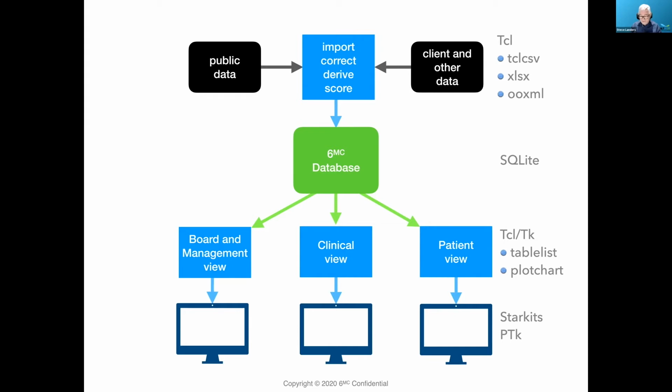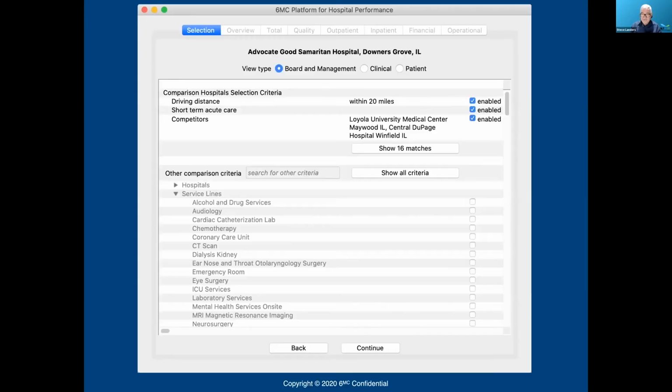I'll just show you some screenshots to give you an idea of what it does, and then we can look at where we need to speed up. This is a picture of one of the screens. We've already chosen a hospital to investigate, the Advocate Good Samaritan down in Downers Grove, Illinois. You can see there are 3 types of views here: board and management, clinical, and patient.